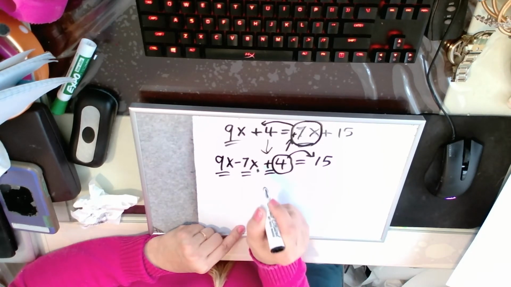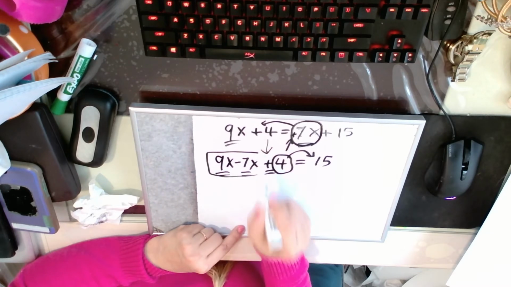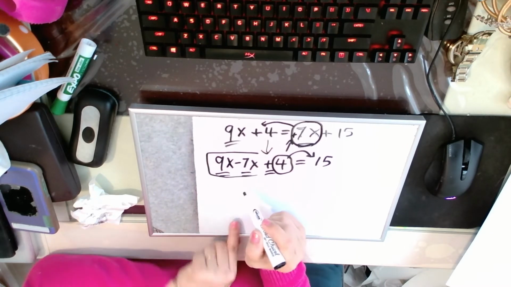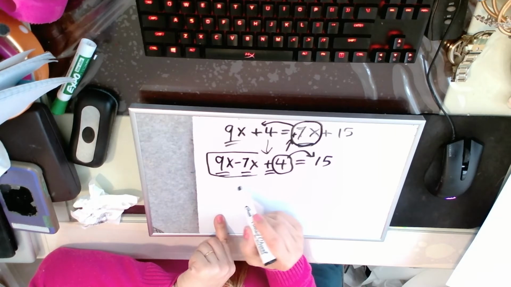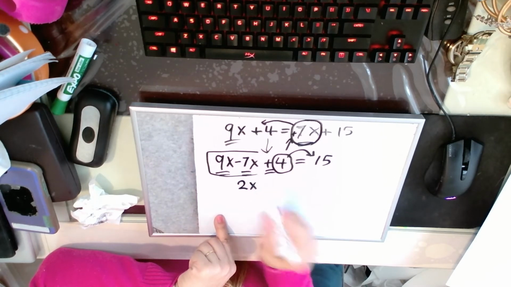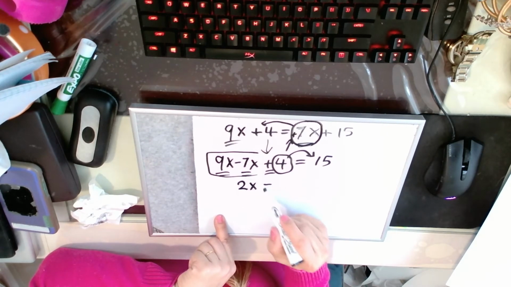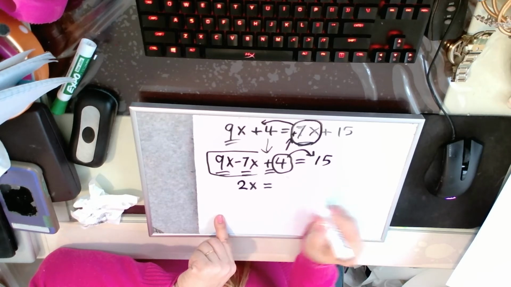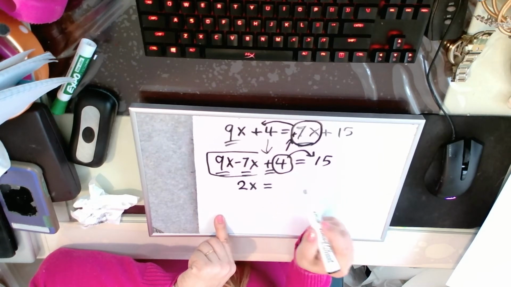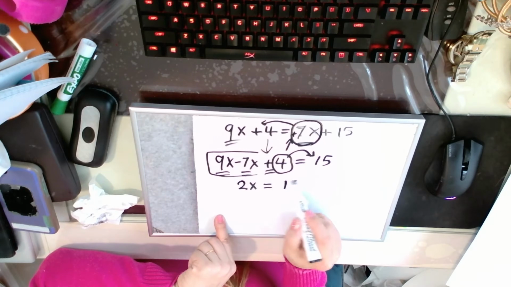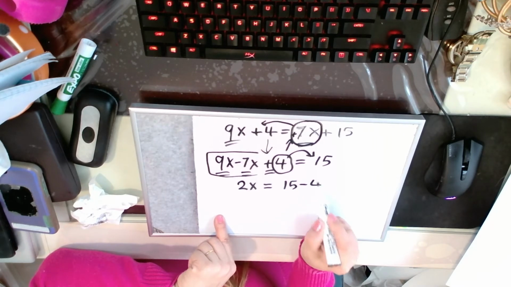So let's add these together first. 9x minus 7x equals 2x, right? And then equals, move 4 to the other side by changing its sign, so it's going to be 15 minus 4, right?